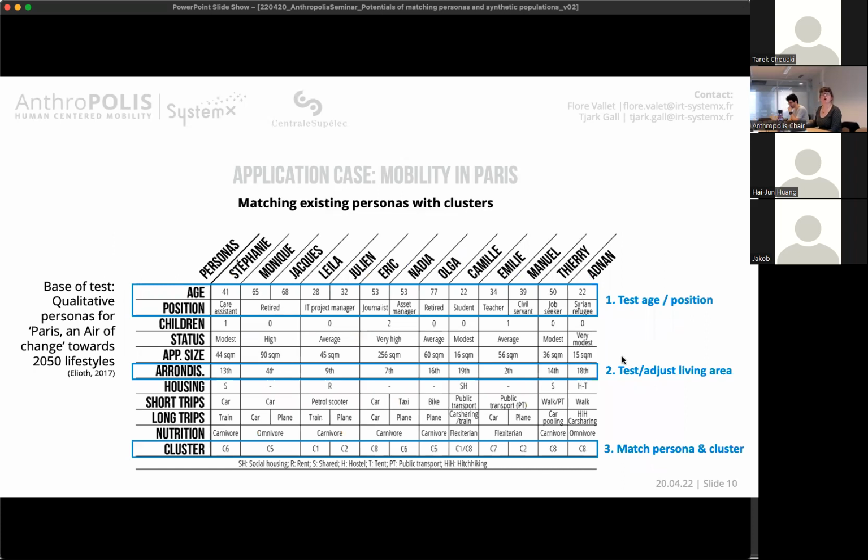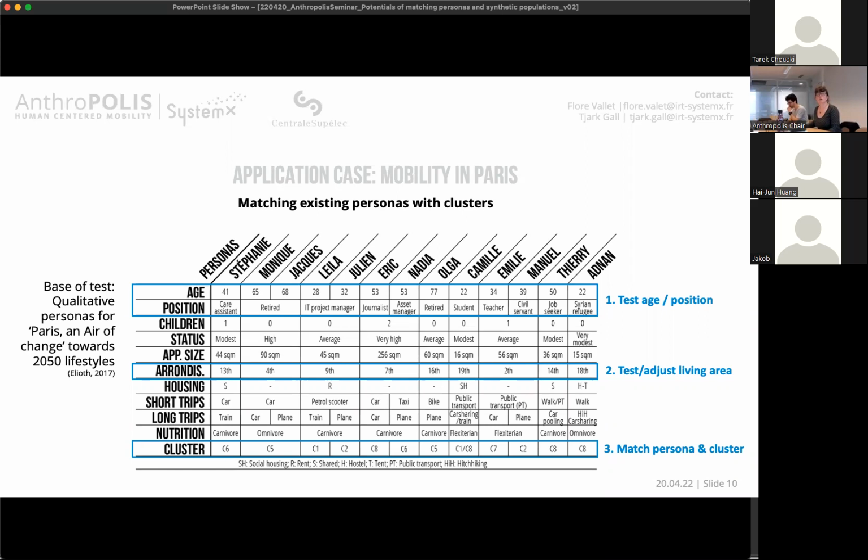Okay, so what did we do? In fact, for this first study, we didn't build the personas from scratch, but we took qualitative personas from a study which was really based on the change of lifestyles for Paris towards 2050.